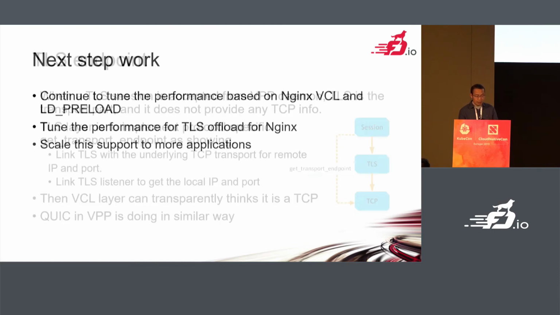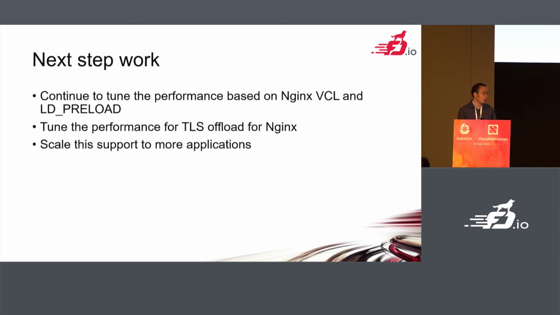So this is the current work we do, and as I mentioned, this is mostly functionality work, and the functionality is okay. We also realize that when enabling VCL with Nginx, some performance is currently not tuned very well.